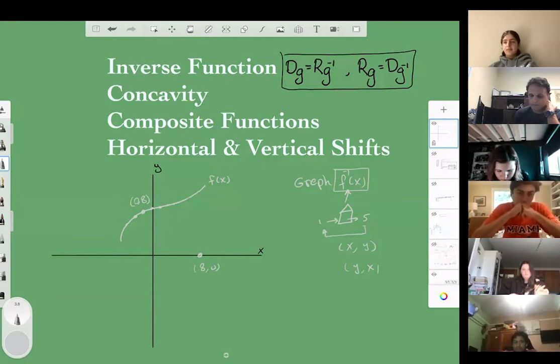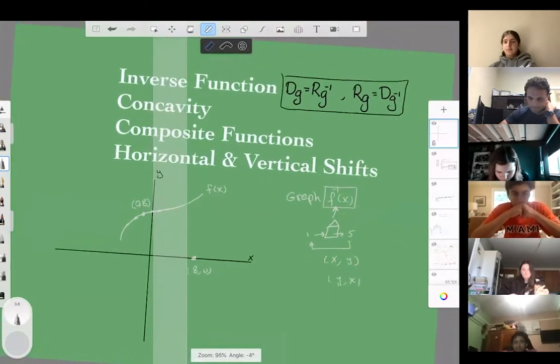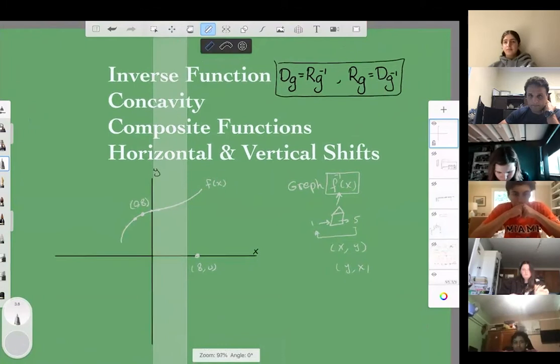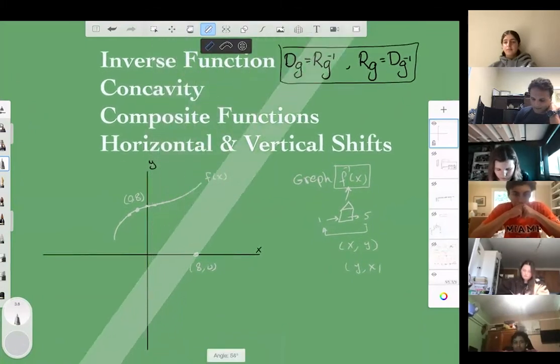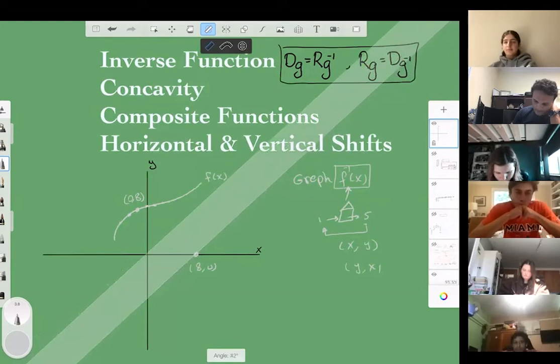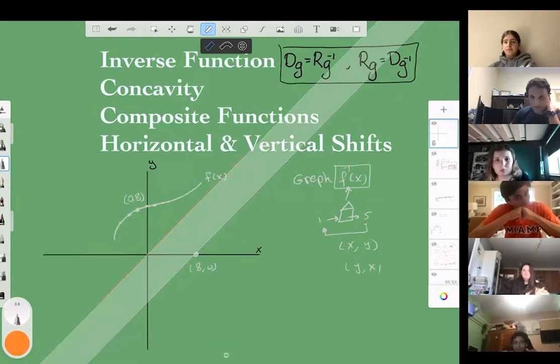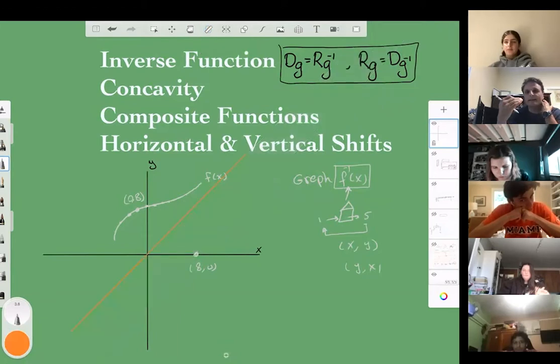What we do, the cheating way, is we make a line which is Y equal to X, correct? So we make a line Y equal to X, and we reflect the graph through that line.